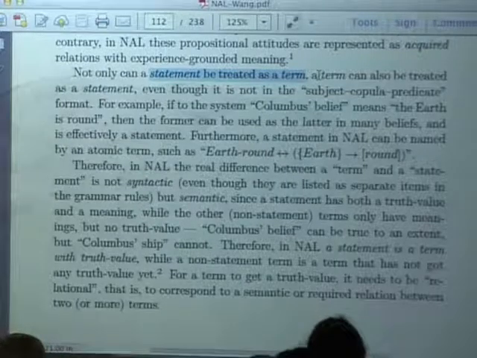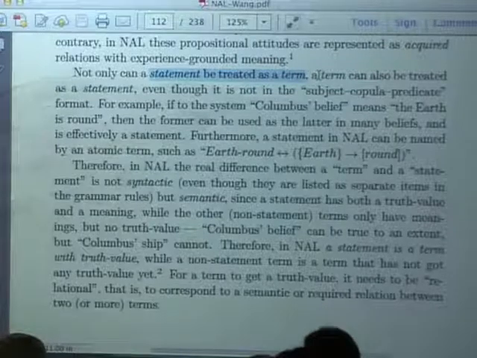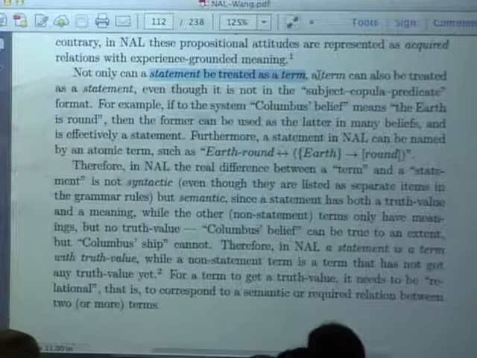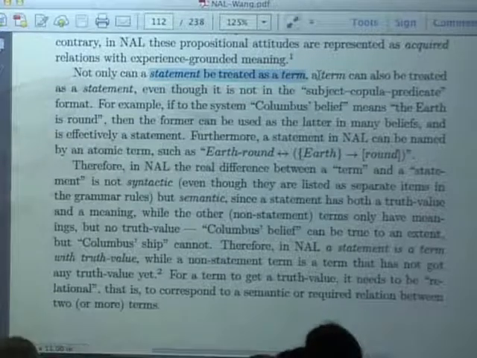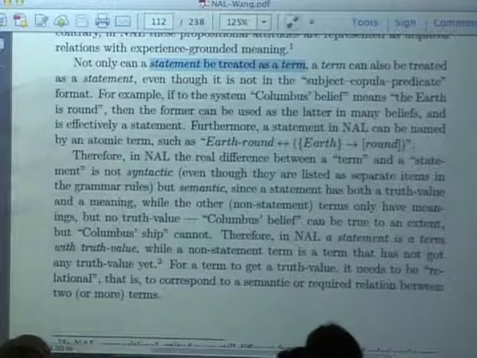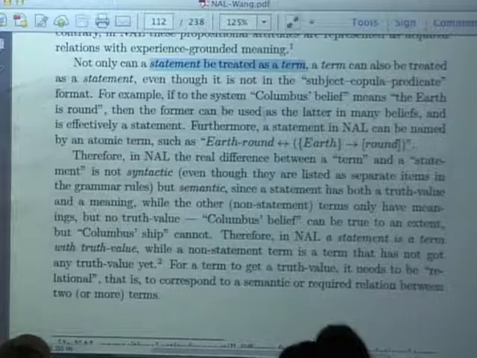And then, is this thing a term or a statement? Well, it depends on how you see it, right? So also, you see I have some other examples.